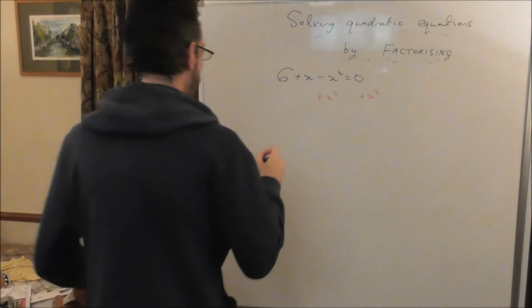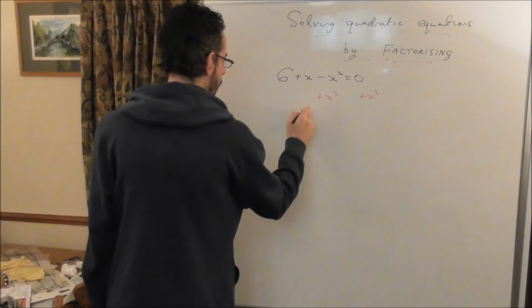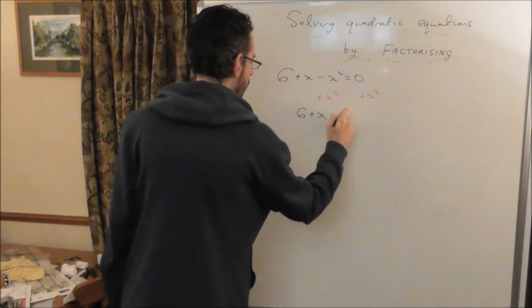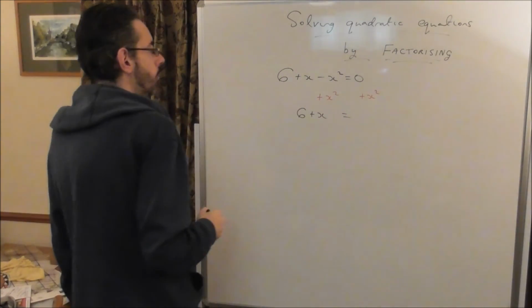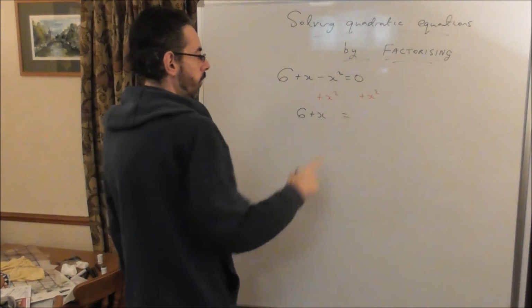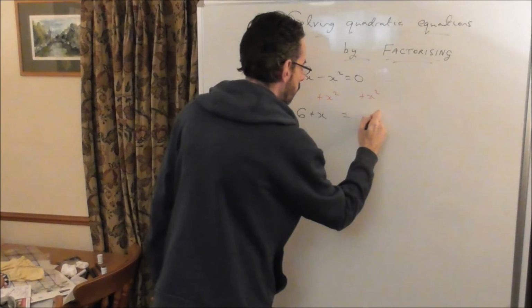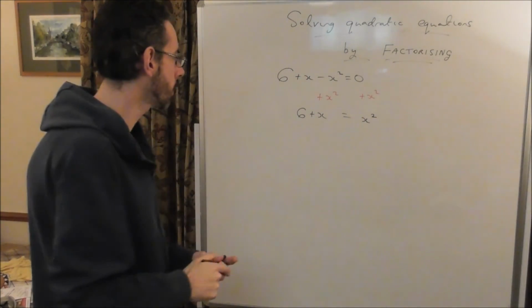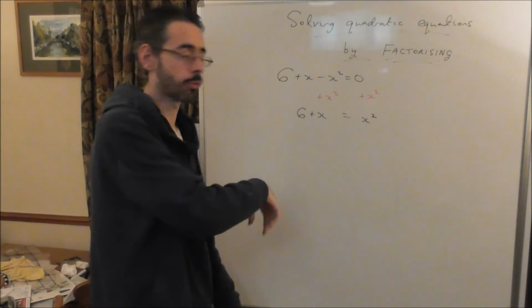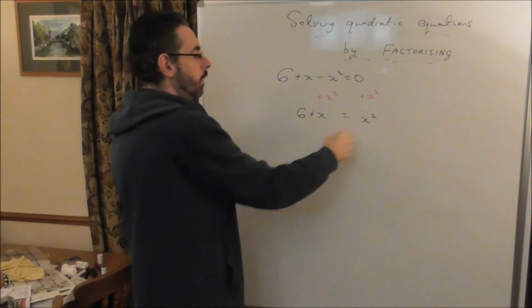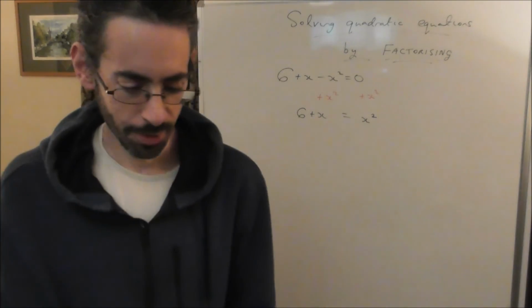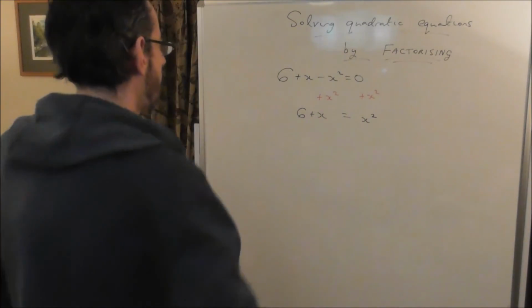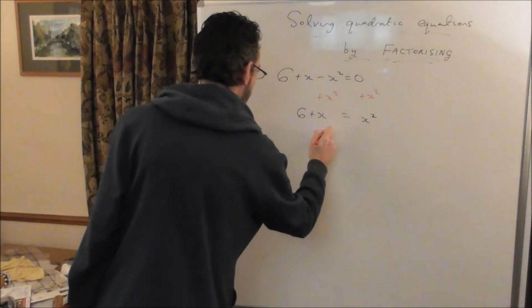So let's just write down what we've got left on each side. On this side, you've got 6 plus x, because the x squared cancels out the minus x squared. And on this side, 0 plus x squared is just x squared. And actually, I'm going to get rid of all the terms from this side. I'm just going to end up with 0 on the left-hand side and all the terms on the right-hand side. So to get rid of x, I'm just going to take away x from both sides.